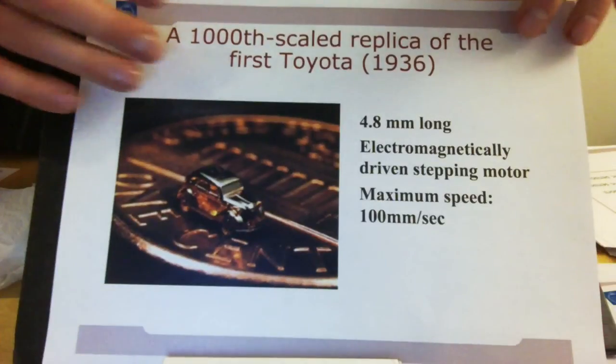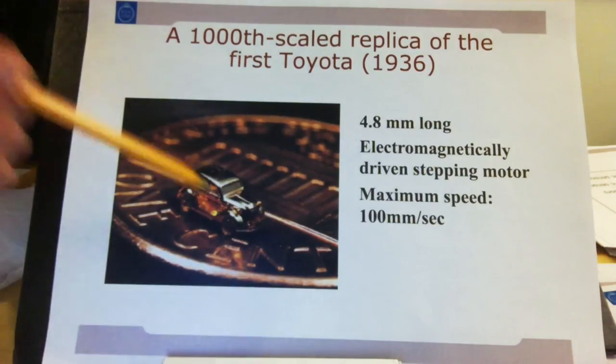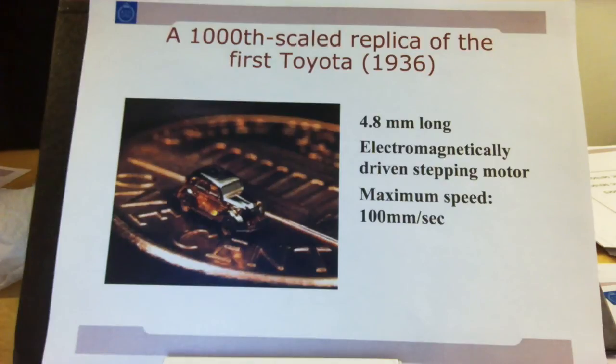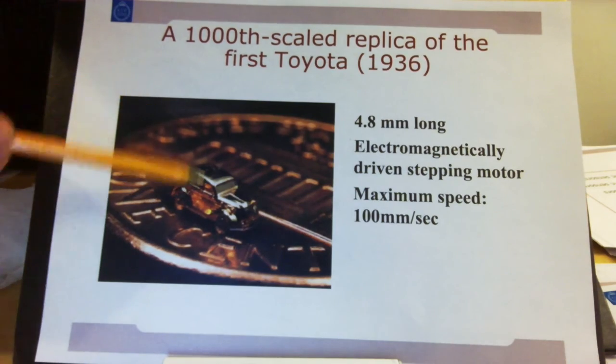Nevertheless, Toyota used some kind of these motors to build a replica of the first Toyota. It's a little car built, only 4.8 millimeter long. It has electromagnetically driven stepping motors inside, and it's said to be able to drive 10 centimeters per second. See here, wires for powering it.